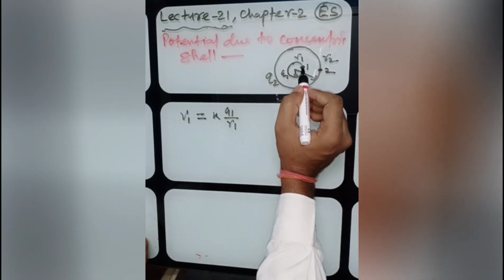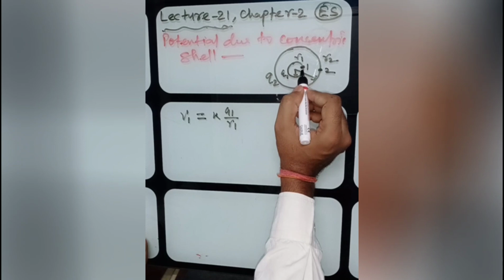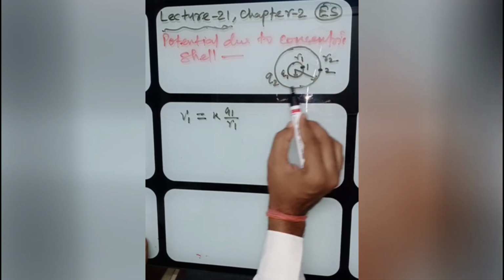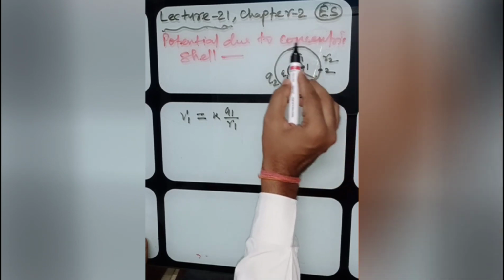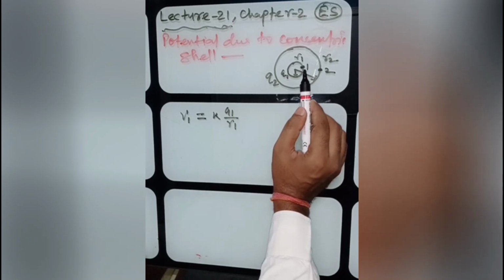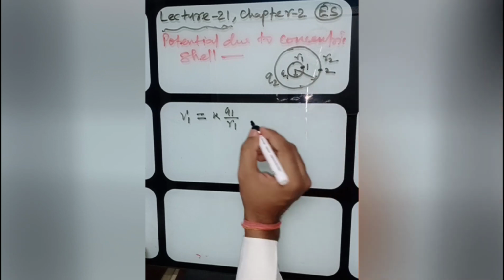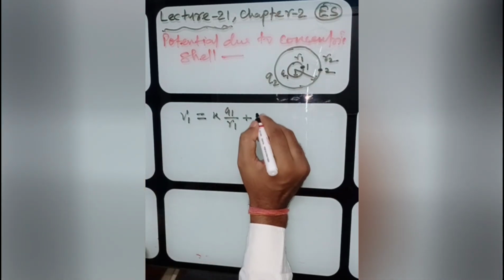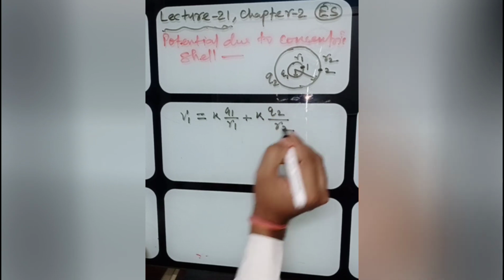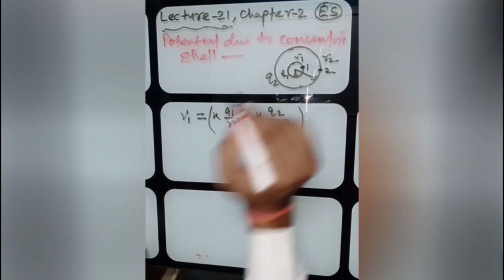But inside the bigger cell, we know that the potential is constant everywhere, and it is equal to the potential at the surface of this cell. So this will also be summed up, and it is K Q2 by R2. So this is the net potential at point 1.